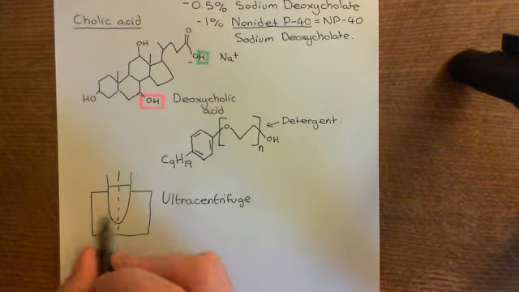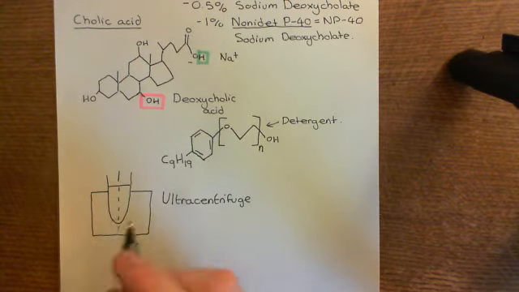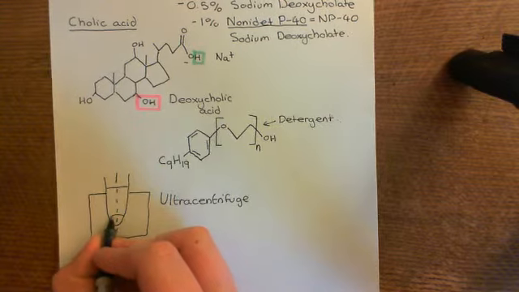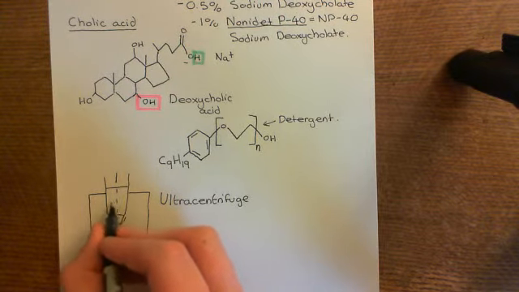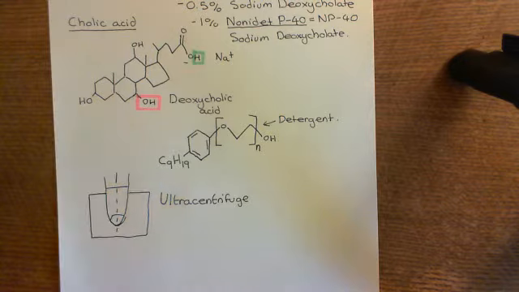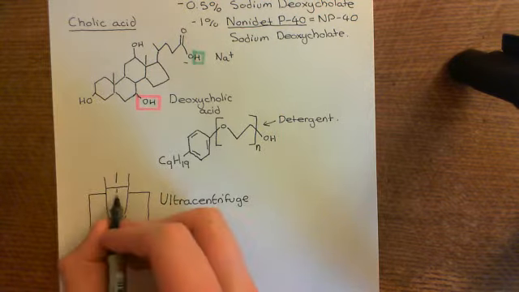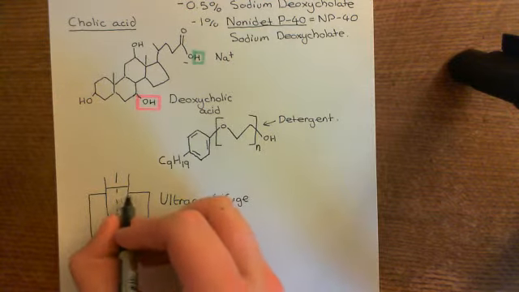Okay, so most of the gloop will now come down and form a great big pellet. And what will be left in this fluid on the top after you've ultracentrifuged the solution is you'll have your proteins in this fluid on the top.